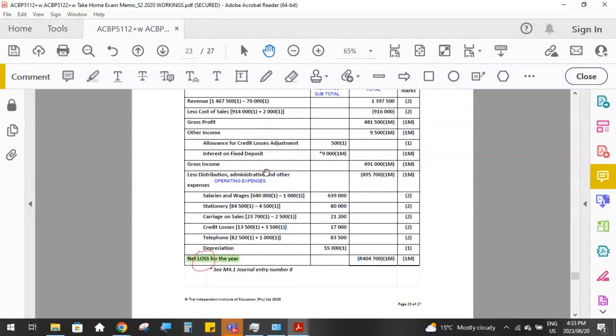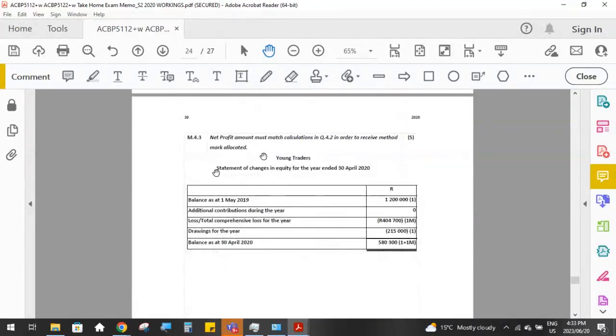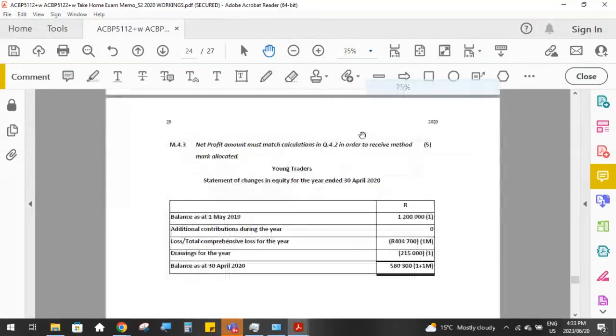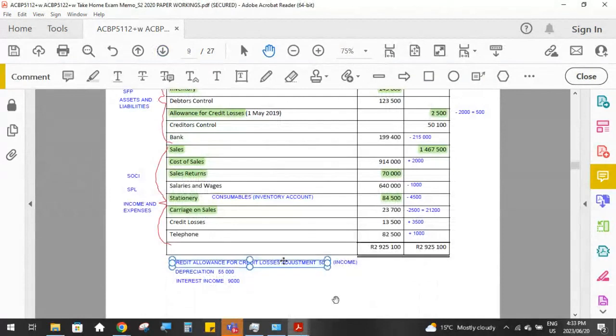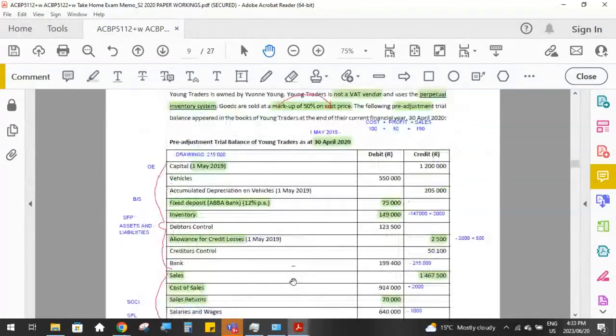Okay. And then the last part of this question was they asked for the statement of changes in equity for the year. So this is an easy one. Remember, your format of statement of changes in equity will always be the same. You'll start out with the opening capital for the current year.